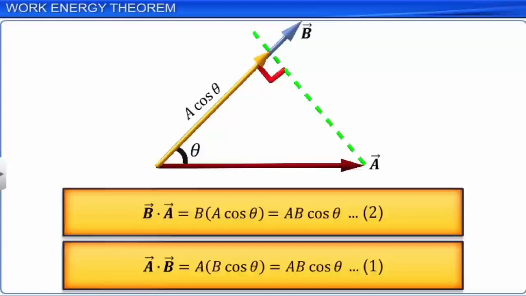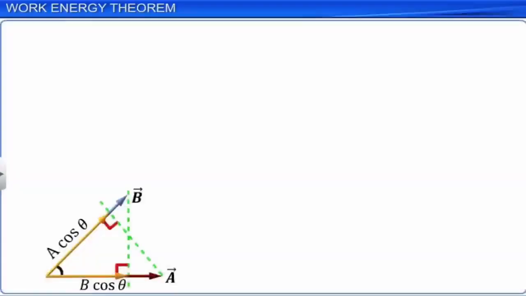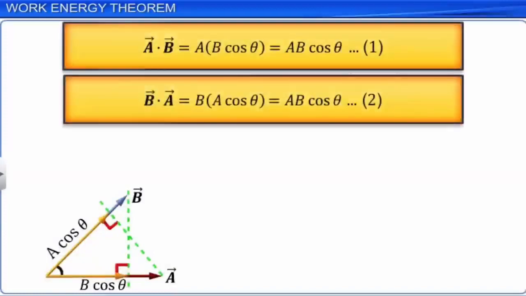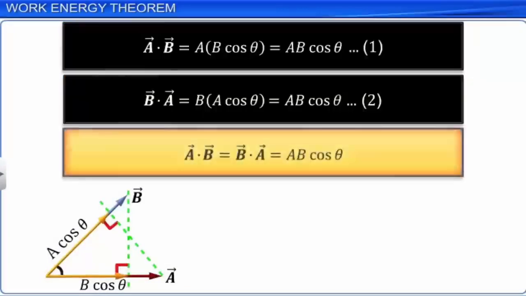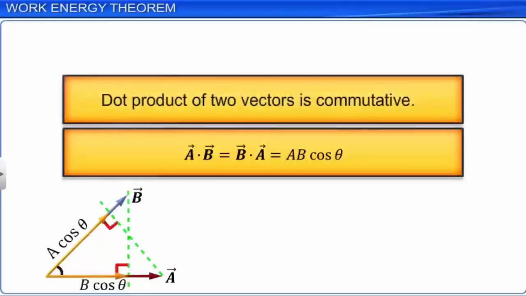Let this be equation 2. From equations 1 and 2, we see that A dot B is equal to B dot A, which is equal to AB cos theta. Thus, the dot product of two vectors is commutative.